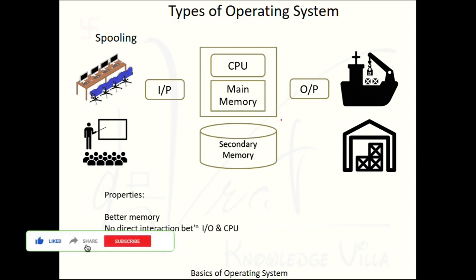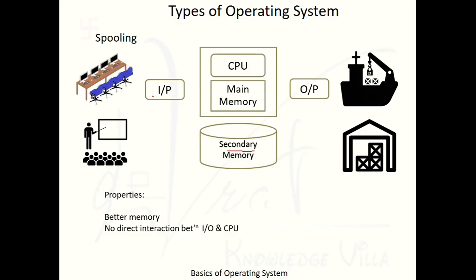Input output devices communicate with the secondary storage. It means whatever data is produced as an input, that data will go inside the secondary memory, and whenever output is required from the system, the output is brought from the secondary memory.